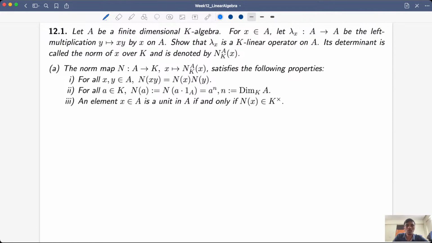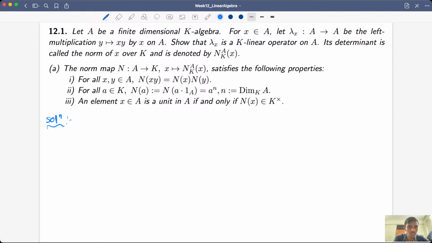Okay, so first let's see that this lambda x is K-linear, then we'll see the property that it satisfies. This K-linearity is easy.